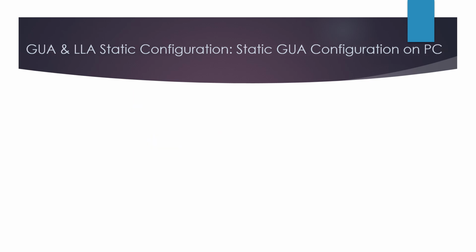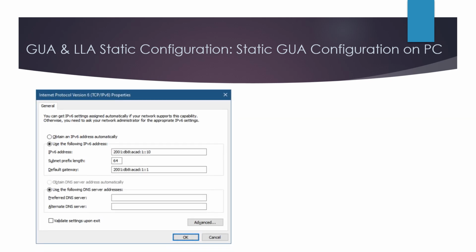Manually configuring the IPv6 address on a host is similar to configuring an IPv4 address. As shown here, the default gateway address is configured for PC1 at this line.